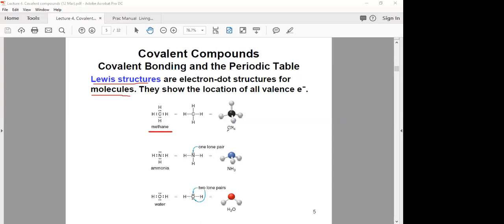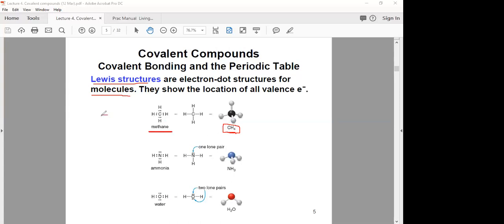Let's look at the formula for methane, it's CH4. A Lewis structure will actually show us exactly how these atoms are connected to each other. It'll show us the location of the covalent bonds in between these different atoms and any lone pairs of electrons if they're present in the molecule.